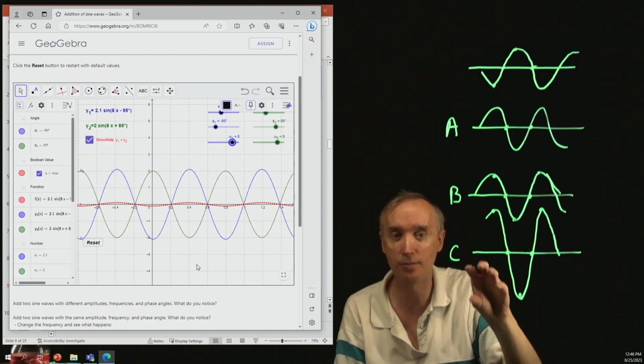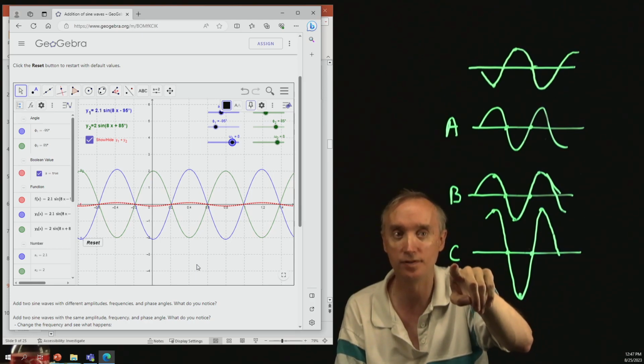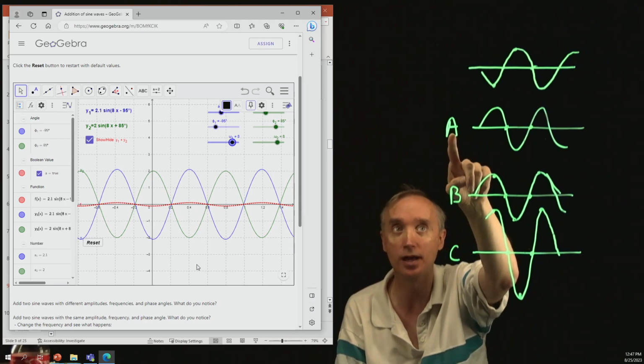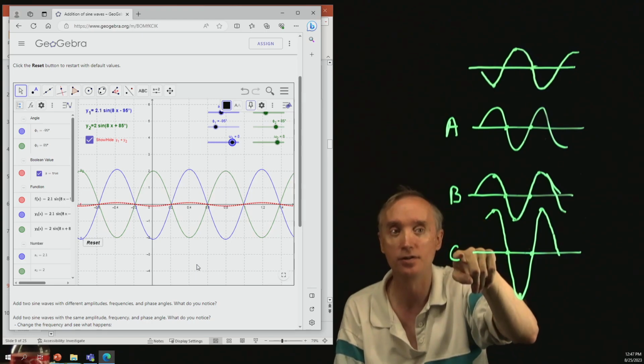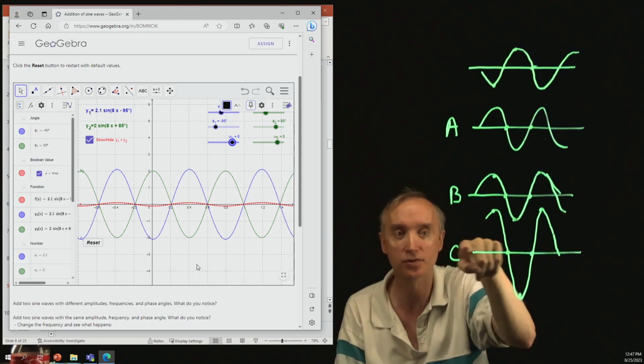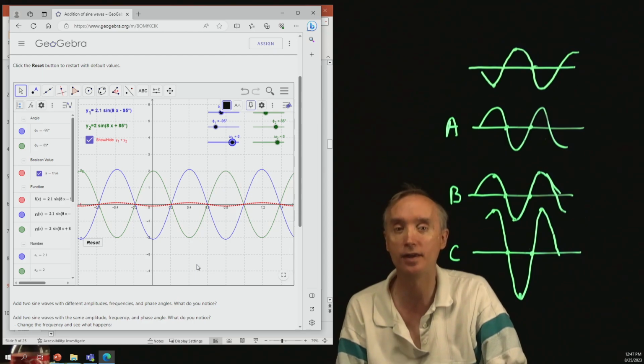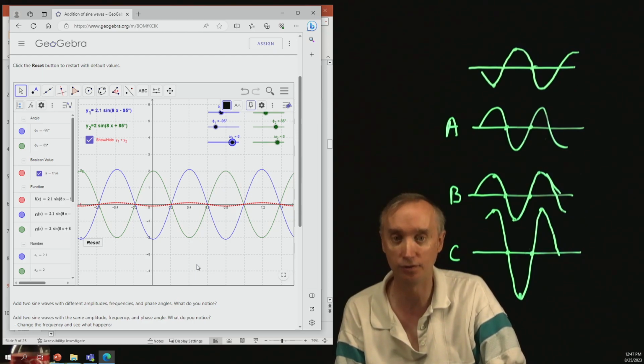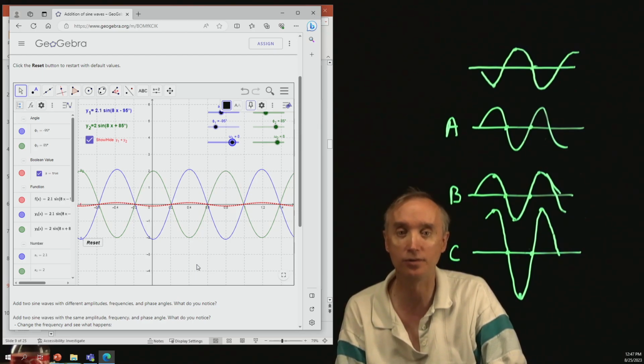And so the amplitude of the resultant wave, C, which is what happens when you add A plus B, should be just a straight line, and it shouldn't have any amplitude to it. And so that's going to be called destructive interference.